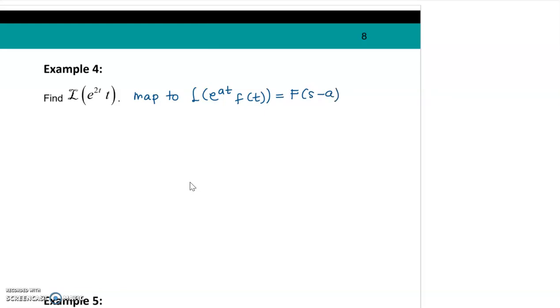Whenever you have a problem of Laplace transform, the first thing that you need to do is to map to your table of Laplace and see which one you need to refer to. For example, for this one, you have exponent times t.